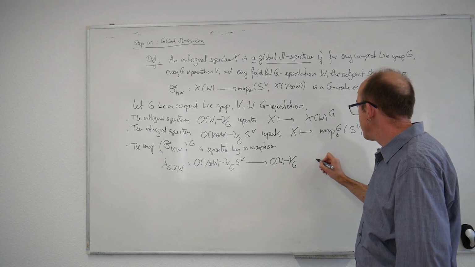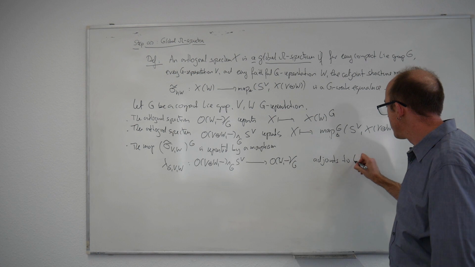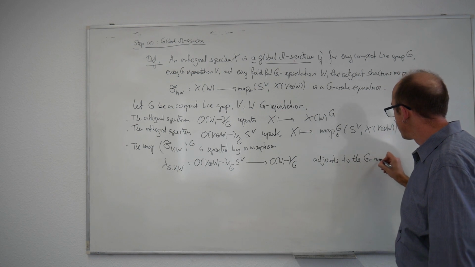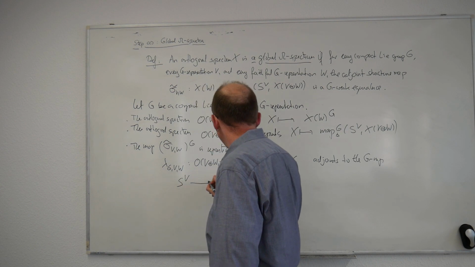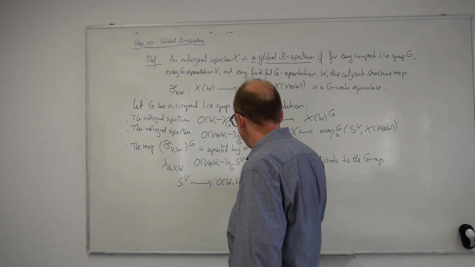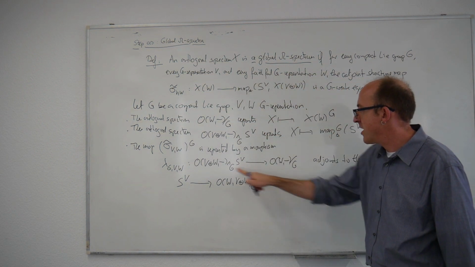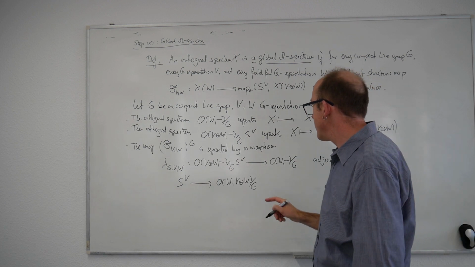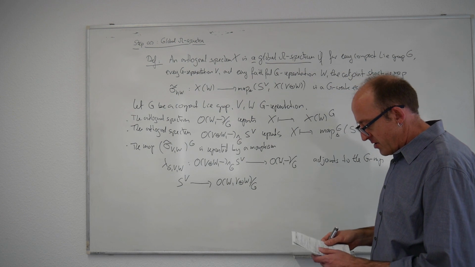So this is adjoint to the G map from S^V to O of W, V plus W, mod G. So that's the value of this orthogonal spectrum at V plus W. And then because we're taking over G, I have to give you a G equivariant map.